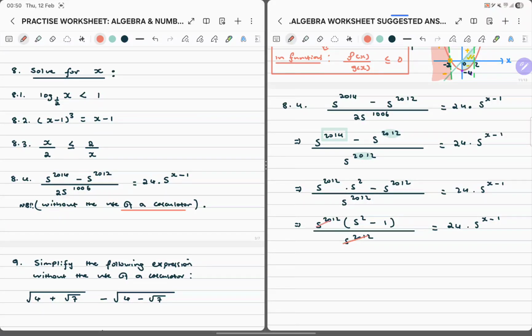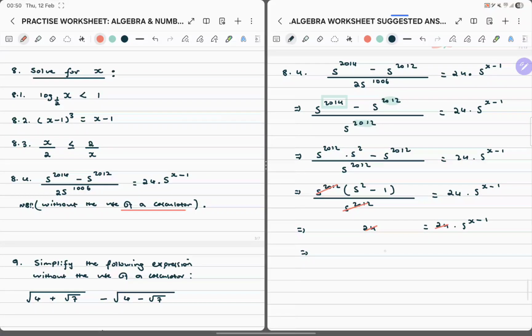Then we take this from that. Nice and easy. So we've got 5 squared, this is 25 minus 1, this is 24, equals 24 times 5 to the x minus 1. Now these ones will divide nicely. And then what we end up with is 5 to the x minus 1 is equal to 1.